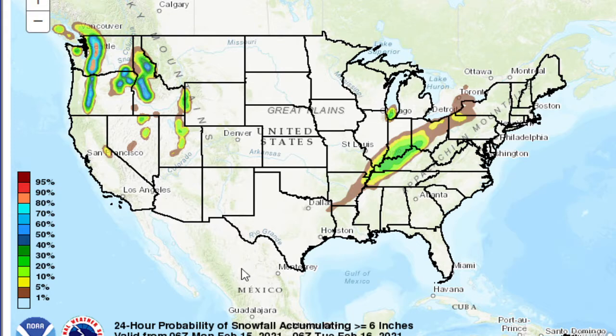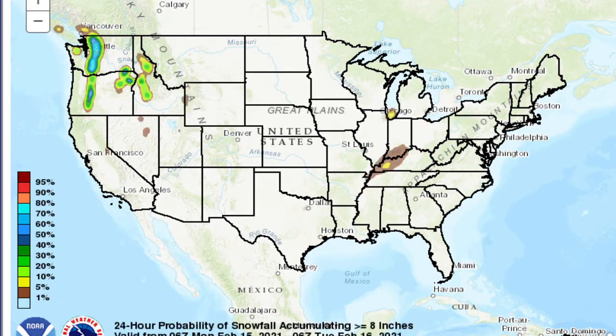It's going to say we have 20 to 30% chance in the Ohio Valley to have 6 inches of snow. Looks like Kentucky, western Kentucky, and then southern Indiana, you got about a 5 to 10% chance of having 8 inches of snow.